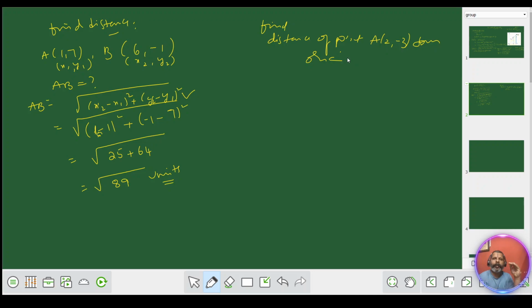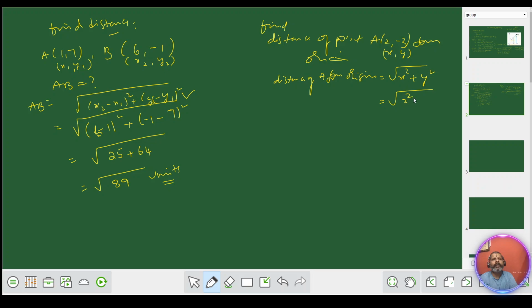I mean, from the distance formula, putting one of the point coordinates as (0, 0), we get the formula for the distance of a point from the origin. So the distance of A from the origin is equal to the square root of x square plus y square, where x, y are the point (2, -3).